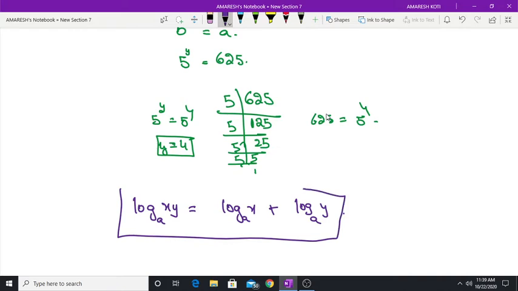See this, you can understand. Log x into y to the base a equals log x to the base a plus log y to the base a.